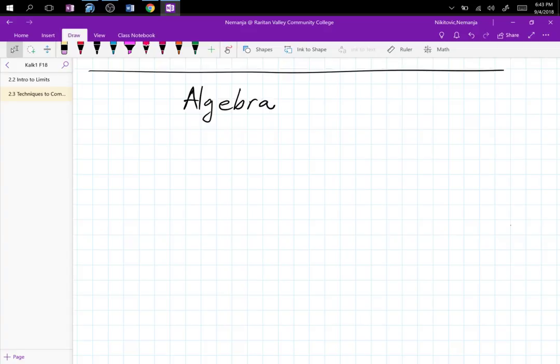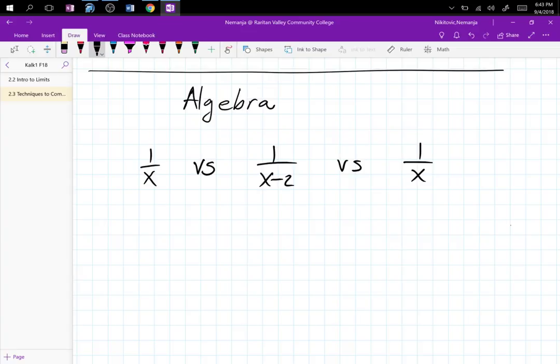So that's all part of the graphical solution. And in algebra, it would be reflected as addition or subtraction to the expression: 1 over x versus 1 over x minus 2 versus 1 over x plus 2. Algebra is teaching you what this minus 2 does as it's put in a different position.